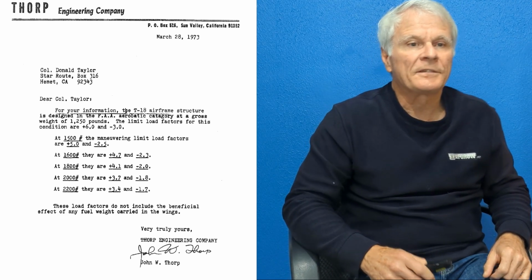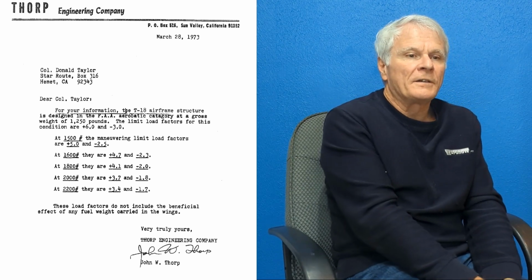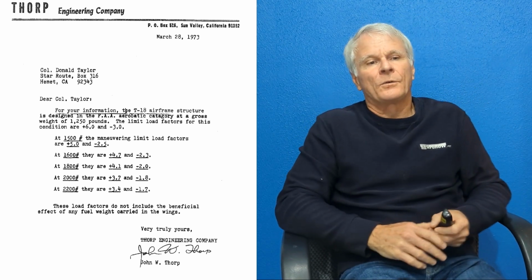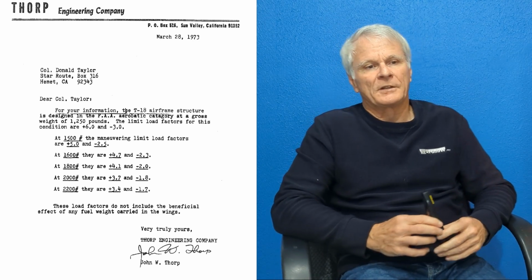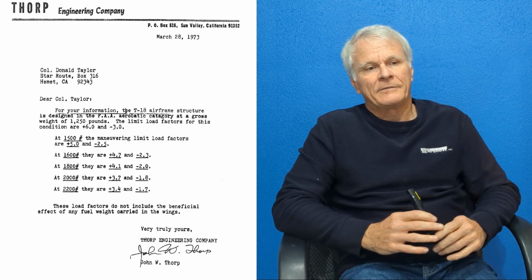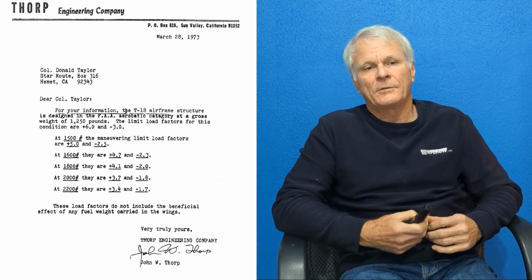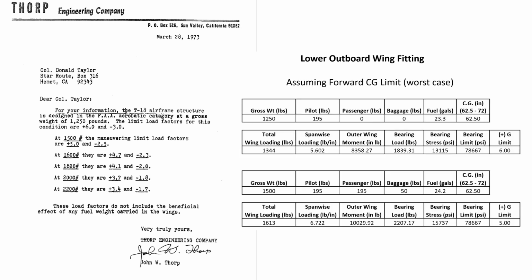So the static G limits on this airplane, one of the things you'll see on the left, and I hope it's visible to everybody, is that someone had written to John Thorp asking what the limits of the airplane were in terms of maneuver limits. And so he wrote back and gave, at different gross weights, what the G limits were. So I went back to see, with my assumptions, if I would be able to duplicate his numbers. And you can see here it was amazing, they came out exactly the same.